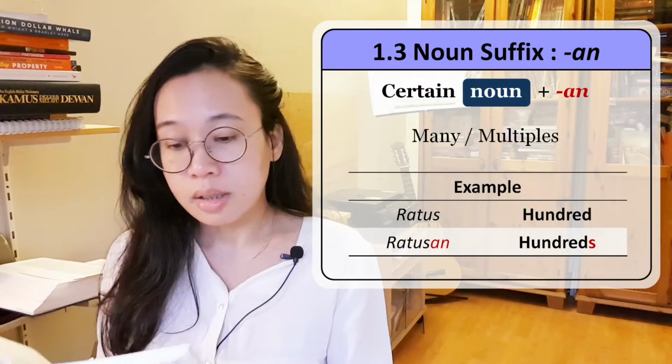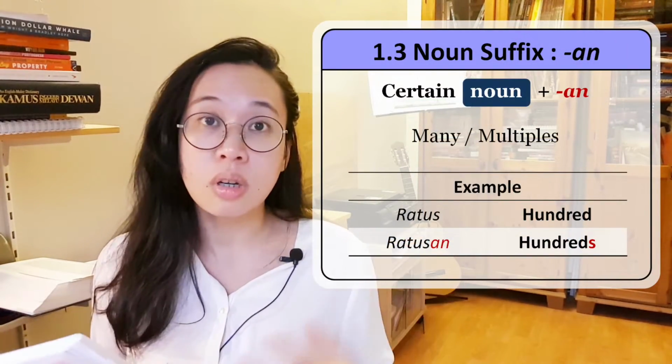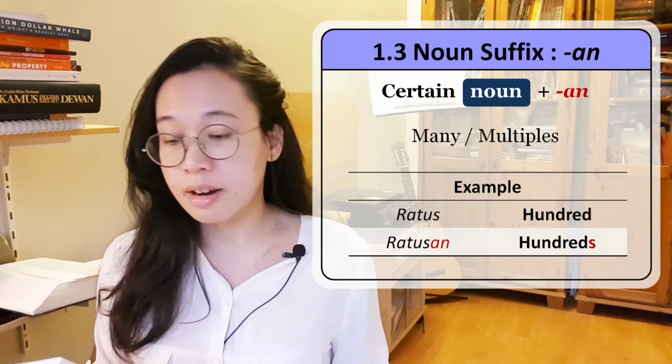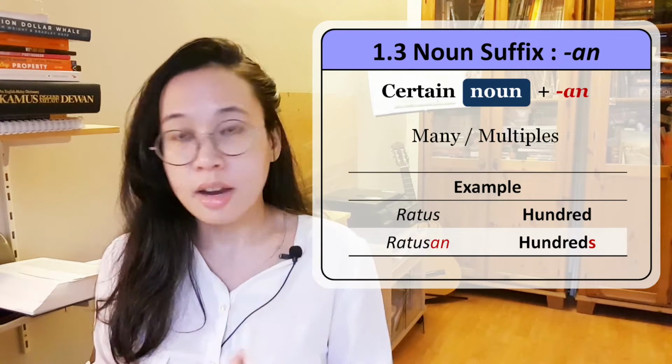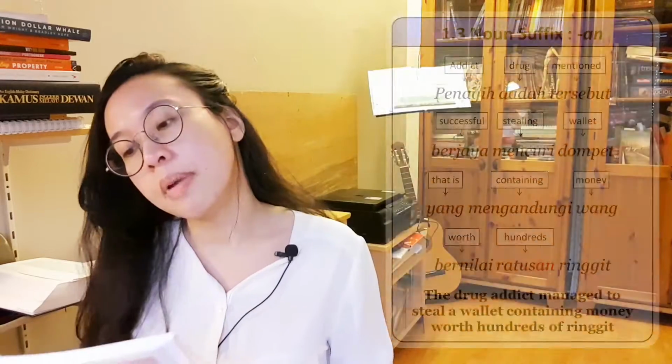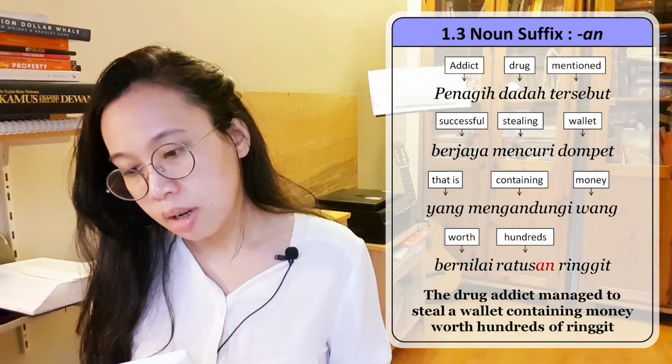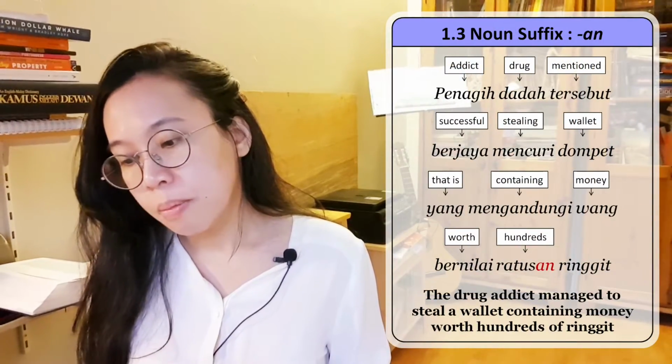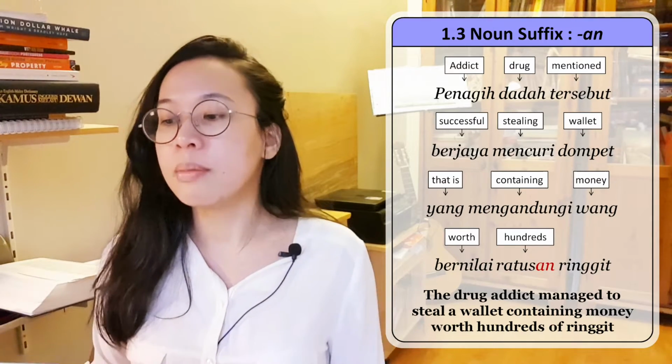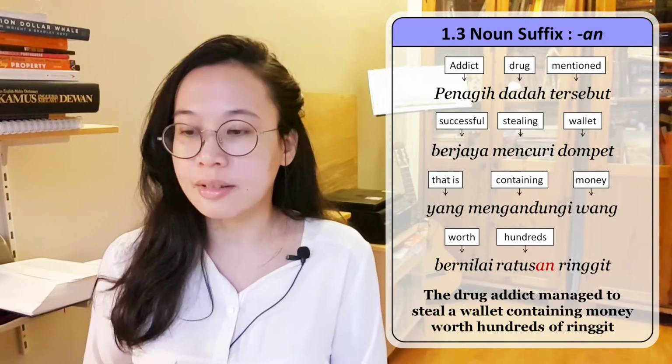So this one is only noun. Noun plus an will bring the meaning many. So the example is ratus. Ratus means 100, right? Ratusan, hundreds. A sentence is like, penagih dadah tersebut berjaya mencuri dompet yang mengandungi wang bernilai ratusan ringgit.